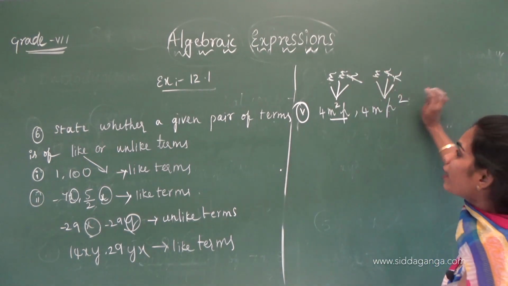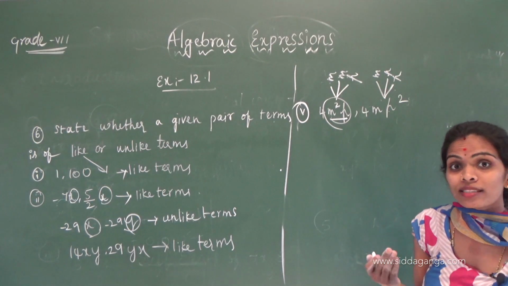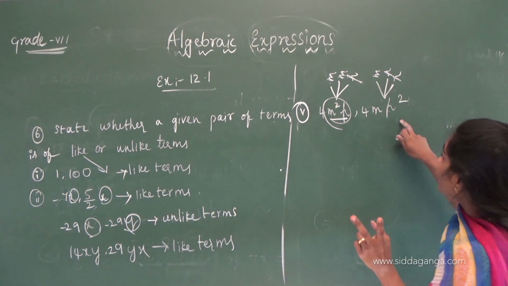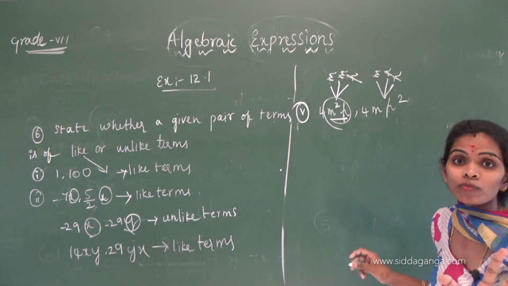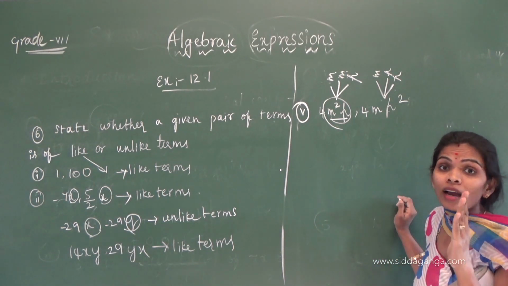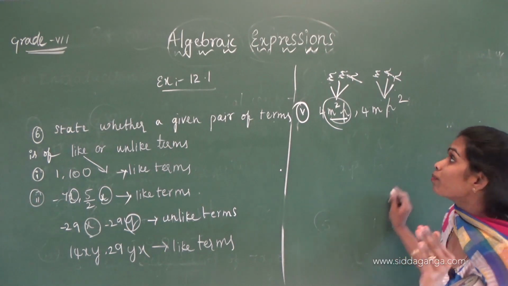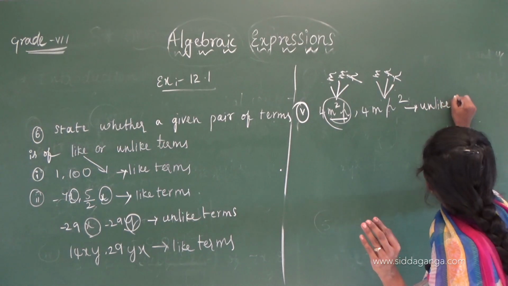This is having 3 literal factors consisting of m and p. But here 2 m's are there, here 2 p's are there. That's why these two are unlike terms. m p, same literal factors are there, but how many literal factors, that consistency is important. Unlike terms.